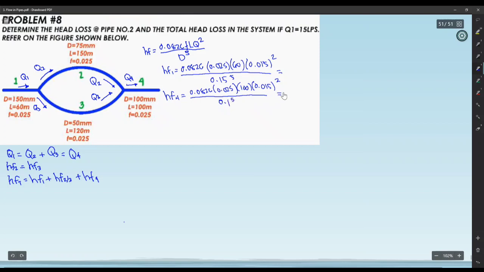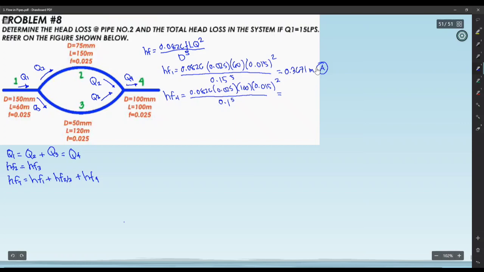Pindutin muna natin yung dalawang head loss na yun: 0.0826 times 0.025 times 60 times 0.015 squared divided by 0.15 raised to 5. So para sa hf1, that is 0.3671 meter. Itago ko muna siya sa value ng A.